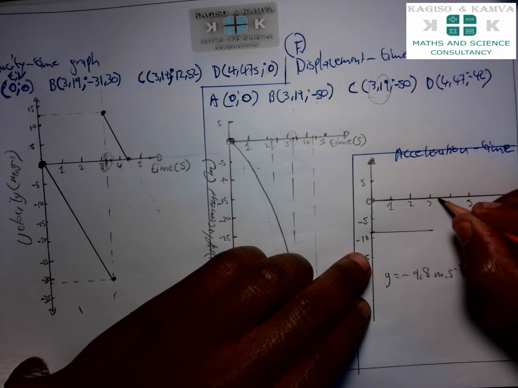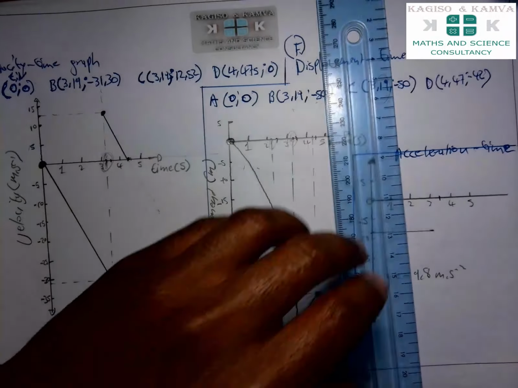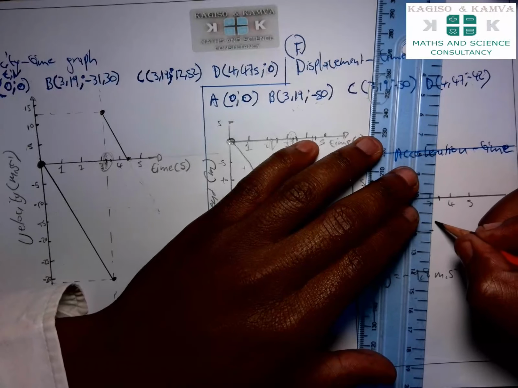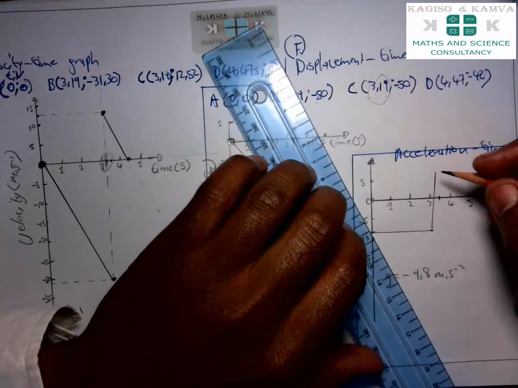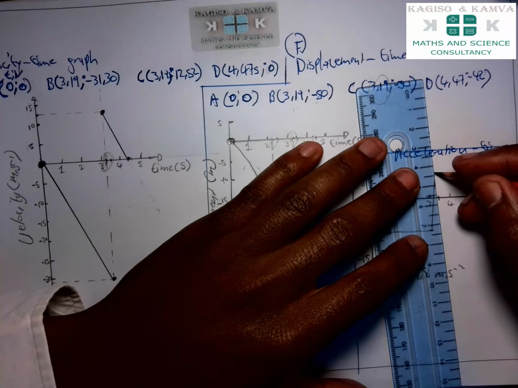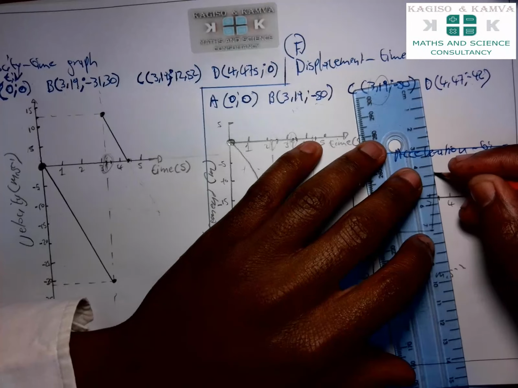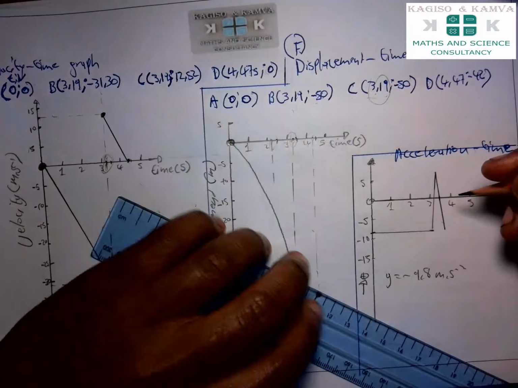At 3.19, that is the point where it started to bounce. Because at that point it is not only the gravitational force that is acting, also the force that is applied by the ground. So there is a net resultant force acting there.